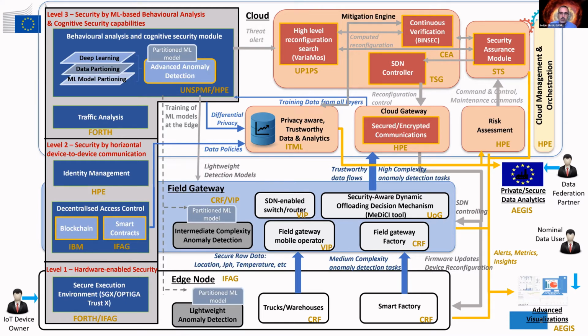So if we start with the edge nodes, at the edge node layer we have trucks and warehouses that belong to a logistics use case, one of the two use cases that we have described in the project. And the other is the smart factory use case.